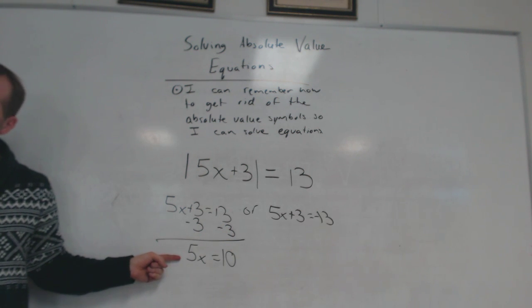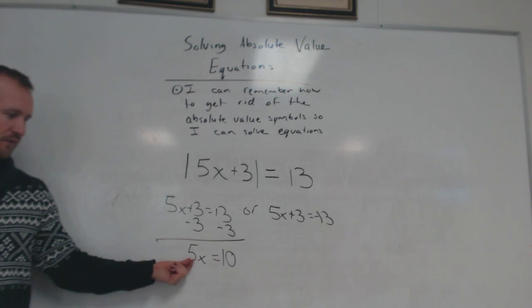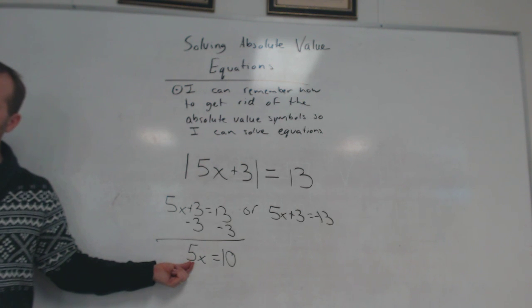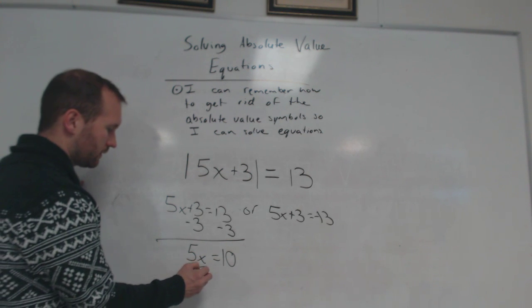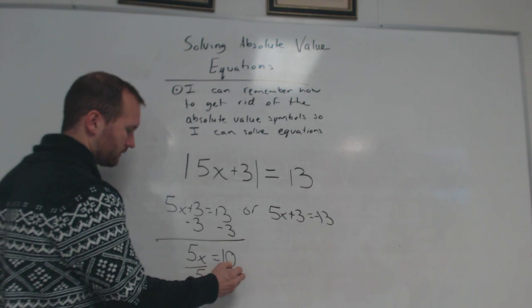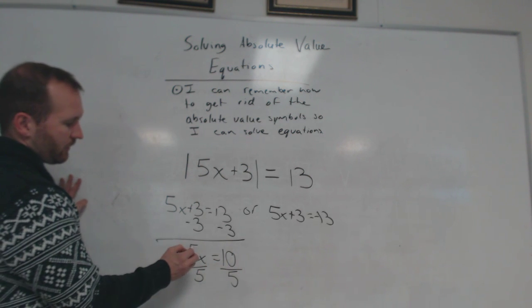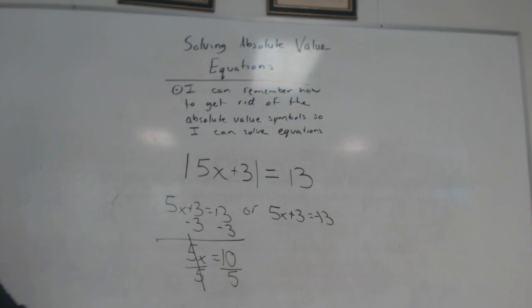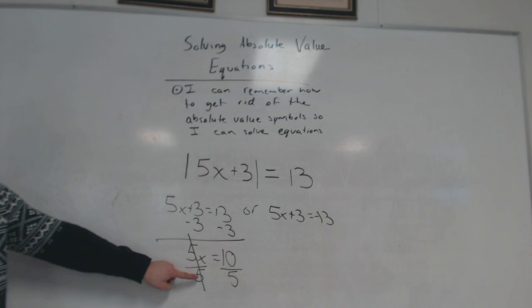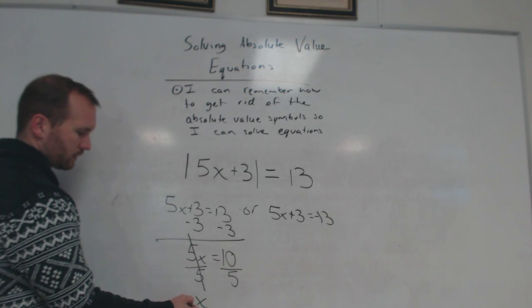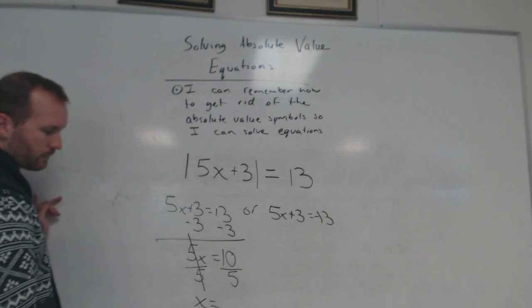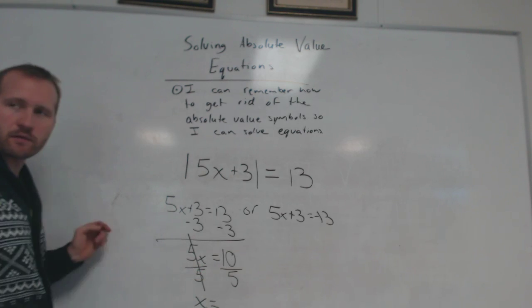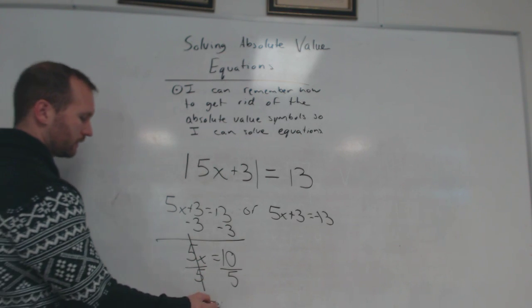I want x all alone, but this 5 came in and put itself next to x. Divide by 5. 5x divided by 5 is just x. So x equals 10 divided by 5, which is, as you said, 2.